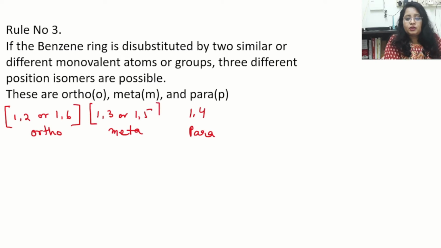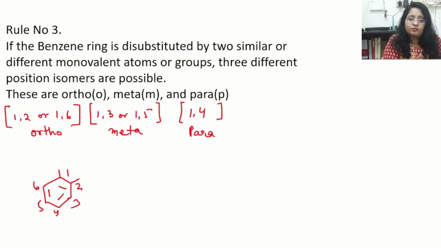So we need to understand. Let's have the example we have taken in the earlier page. This is called 1, 2 position, or we can say 1, 6. If we are counting clockwise, like 1, 2, 3, 4, 5, 6, it is 1, 2 condition, and if we are counting anti-clockwise from here 1, 2, 3, 4, 5, then it will be 1, 6.